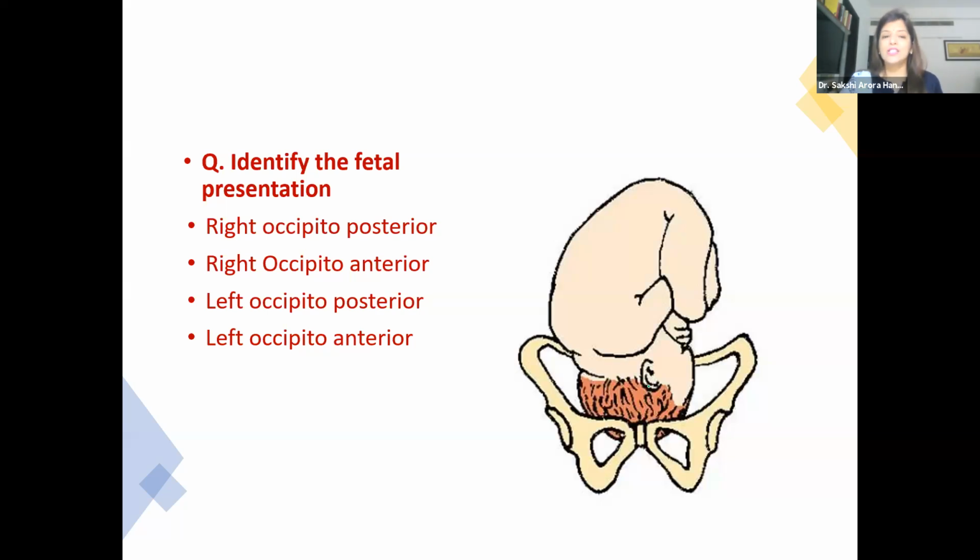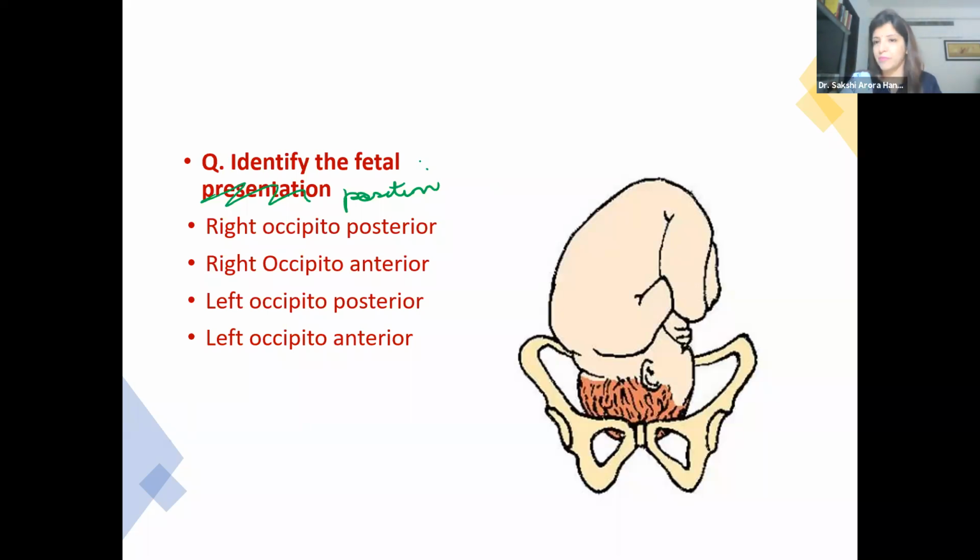Now you have to identify the fetal position, sorry, it's not presentation, it's fetal position which you have to identify in this image. Whenever you have to identify fetal position, you have to first see it is a cephalic presentation. In cephalic presentation, the denominator is the occiput. Denominator is the most prominent bony point, right?